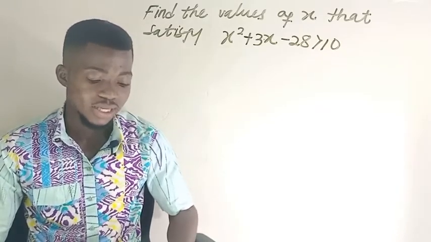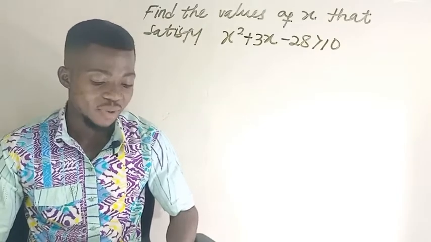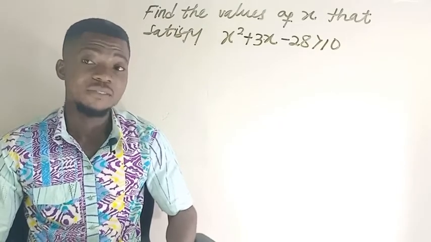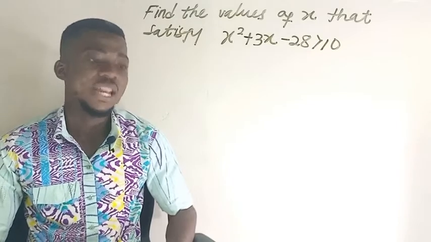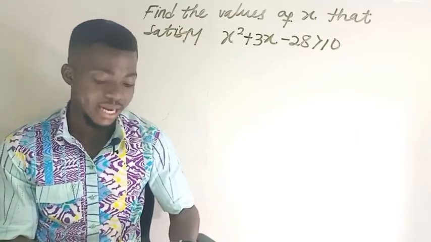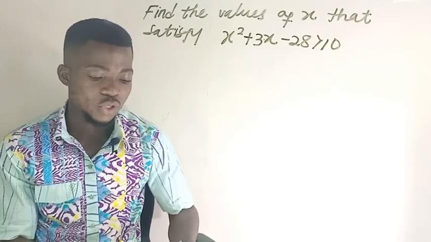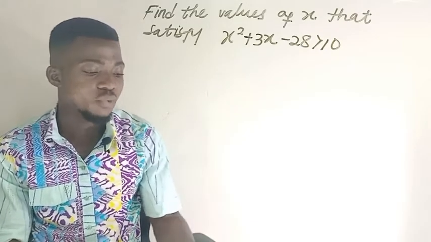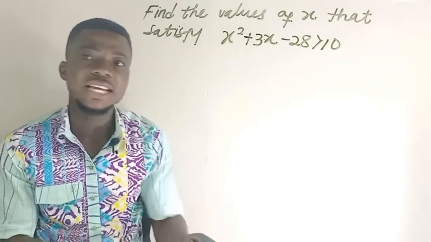You go to mode and then equation, then you press 3. You're going to have the drop down of the equation. Then you put in the values: the first one, 1, then 3, and then negative 28. When you do that, these are the roots, 4 and negative 7.